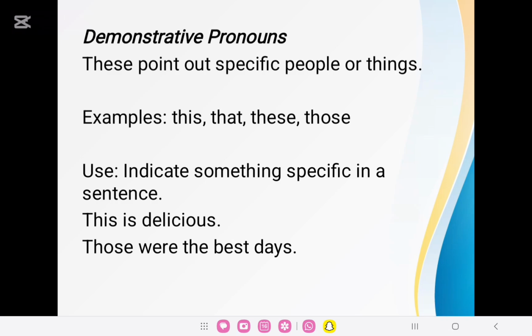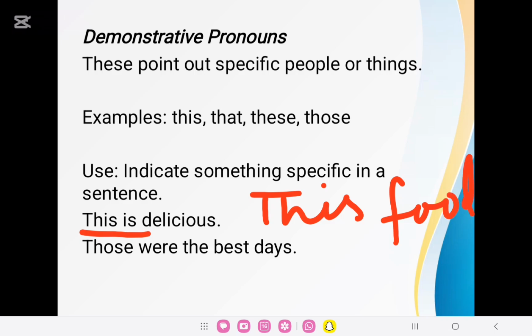demonstrative pronouns. These point out specific people or things. Examples are this, that, these, or those, used to indicate something specific in a sentence, like this is delicious, those were the best days. This and those can be adjectives also, but here they are pronouns. How will you understand whether they are demonstrative pronouns or demonstrative adjectives? Now look at this, this is delicious.